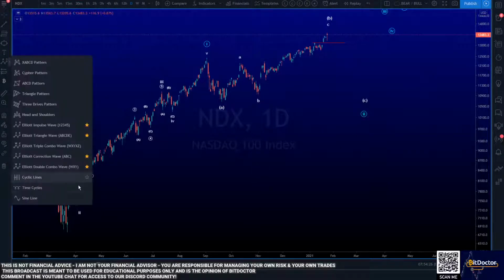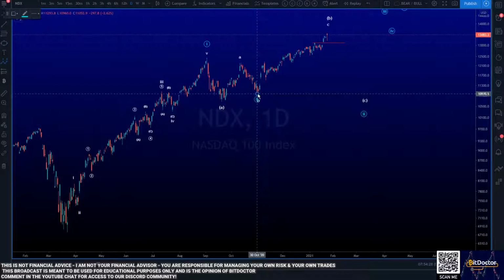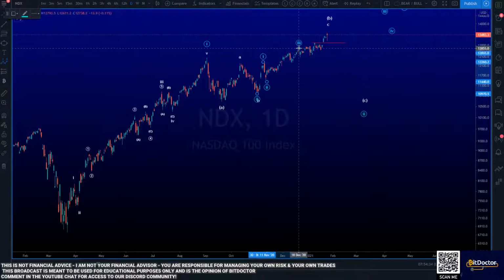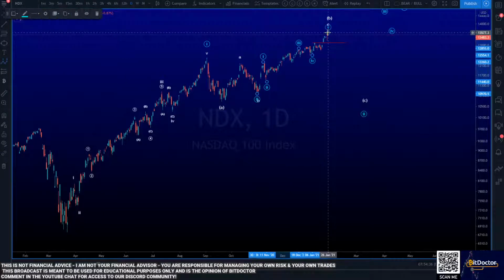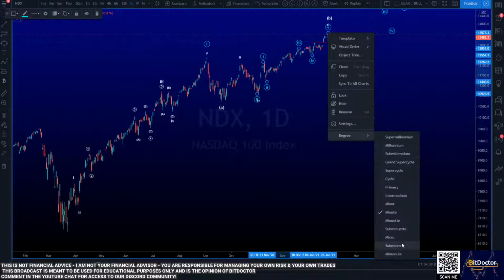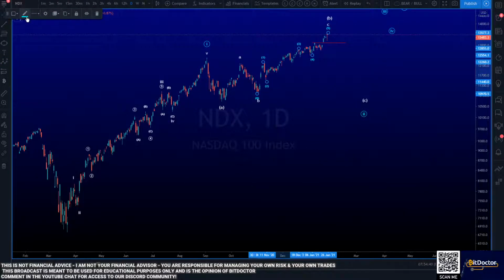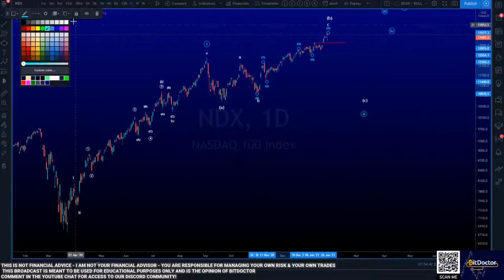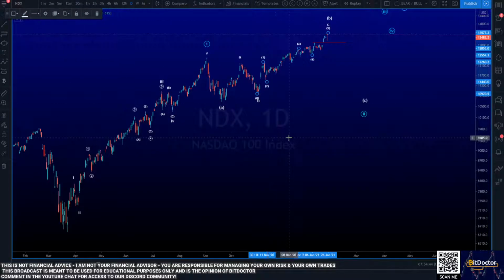We can see 1, 2, and I'm going to change the degree on this guy. Then we're going to put in our 3, 4, and then the 5. Change the degree. We're going to put this guy pretty low here and change the color back to white. All right.